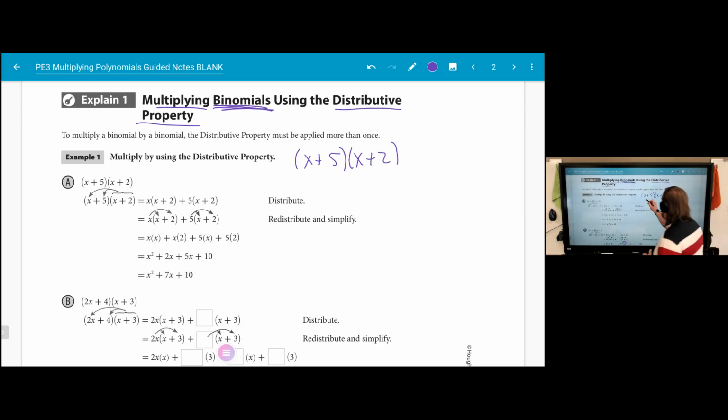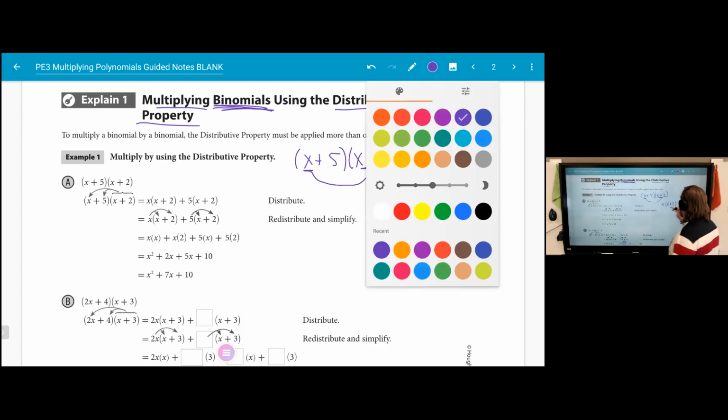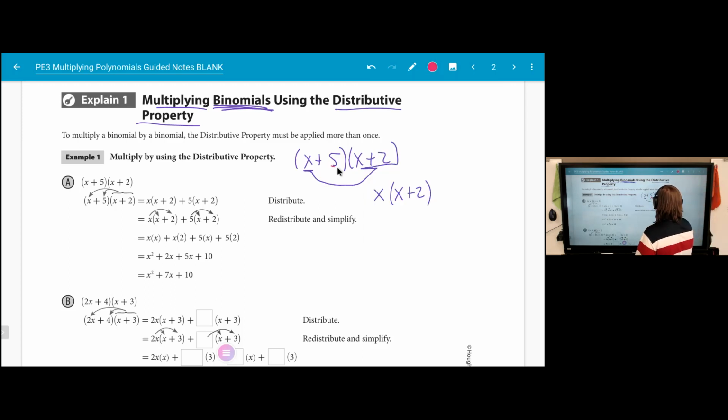I'm going to take this first term, x, and multiply it by the entire second binomial. I'm going to write this out a little differently than they have: x times x plus 2. But I also have to multiply the 5 times everything in the second binomial, in other words, plus 5 times x plus 2.